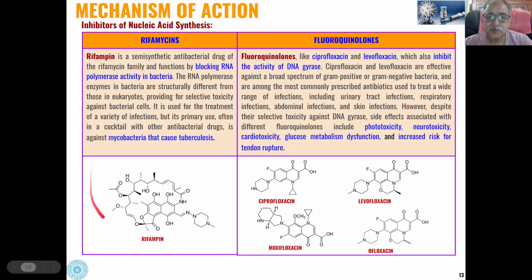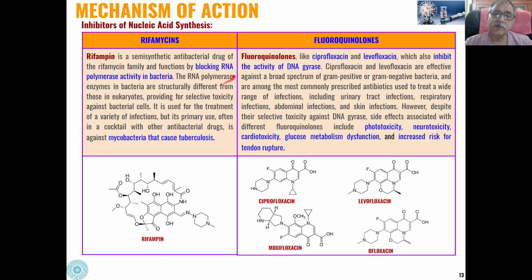Now, these are the structures of the different classes, rifamycins and fluoroquinolones. The commonly used compound, as I told you, is rifampin. This is a semi-synthetic antibacterial drug, and it acts by blocking RNA polymerase activity in bacteria.